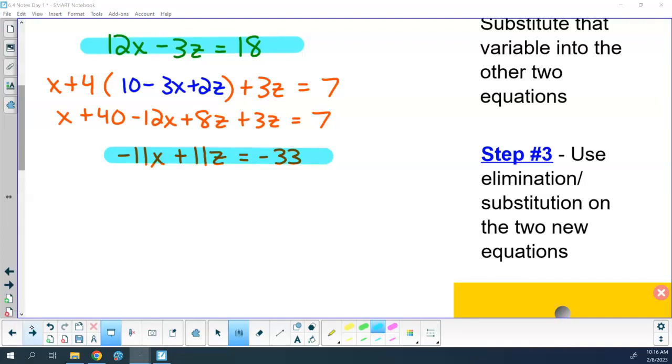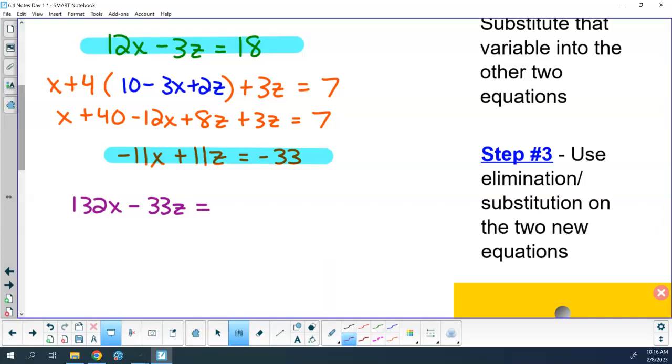So if I'm going to eliminate z, that means I need to multiply the top equation by 11. 12 times 11. 132. 3 times 11. 18 times 11.